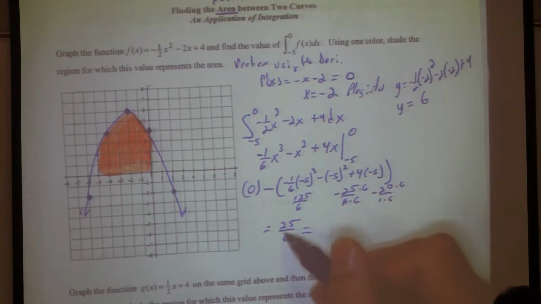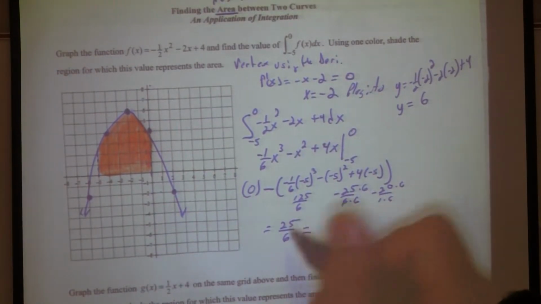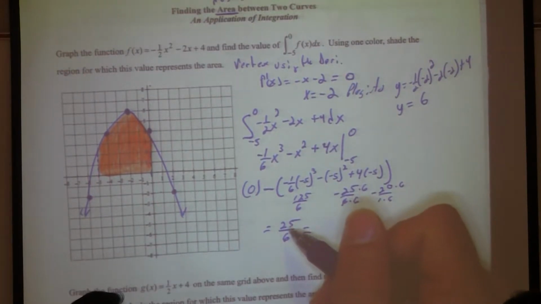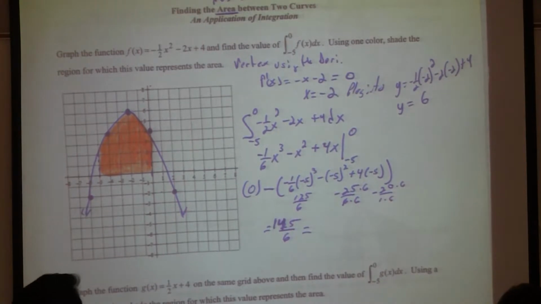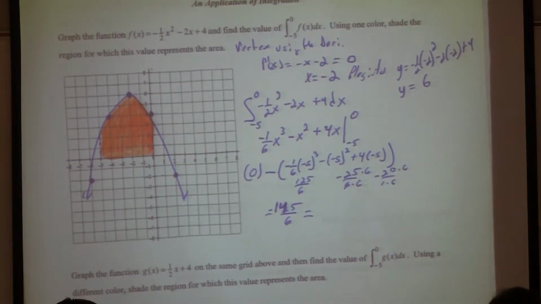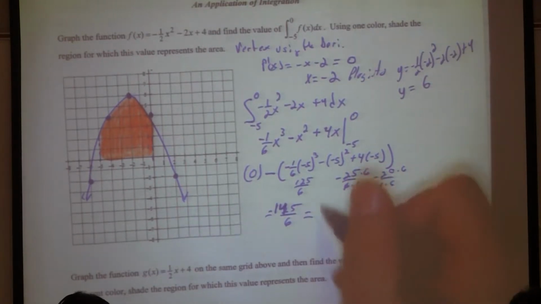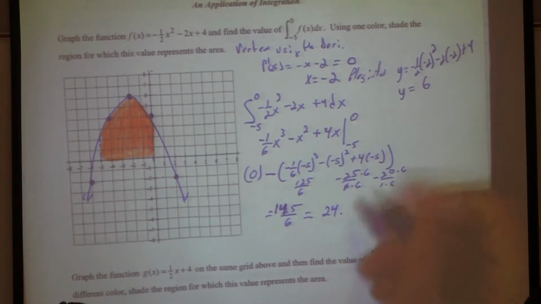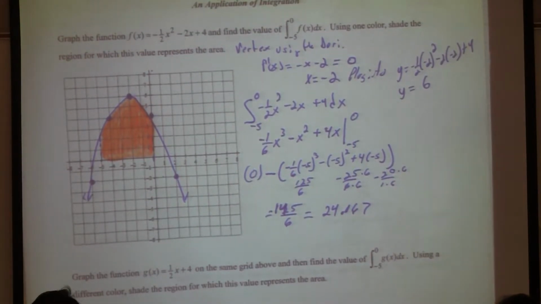So it was -25 minus 120, so that makes it negative 145. There we go. So it becomes positive 145 over 6. Are we okay? Sorry, I messed you up there. What do we end up with here? 24.167, correct.